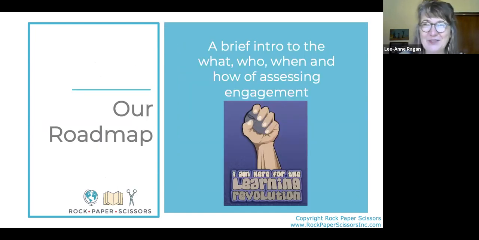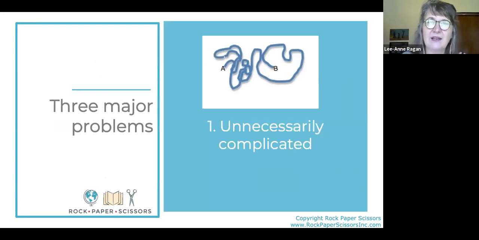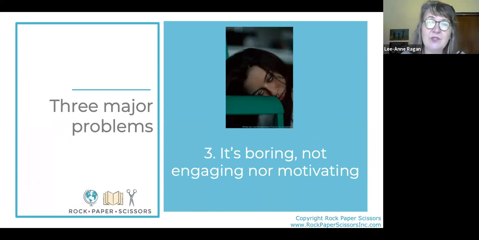So we're going to liken assessing digital engagement to toilets. So a super brief introduction to assessing digital engagement. Essentially, what I'm trying to do here is overcome 3 major problems with assessing digital engagement. One, assessments can often be super complicated. So we want to keep things simple. Two is that assessing digital engagement can be boring, and there's no motivation for our stakeholders, our community members, etc., to engage with the assessment.